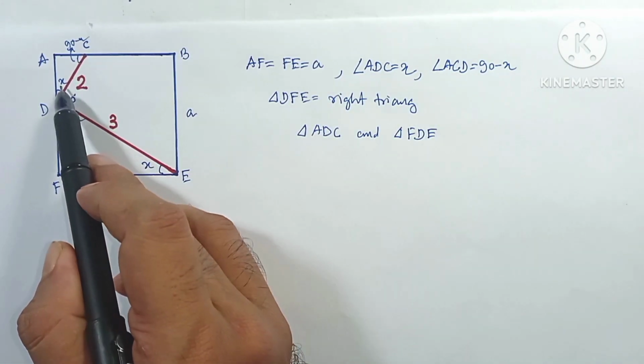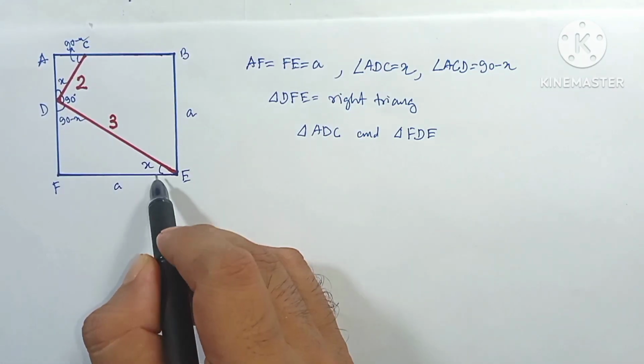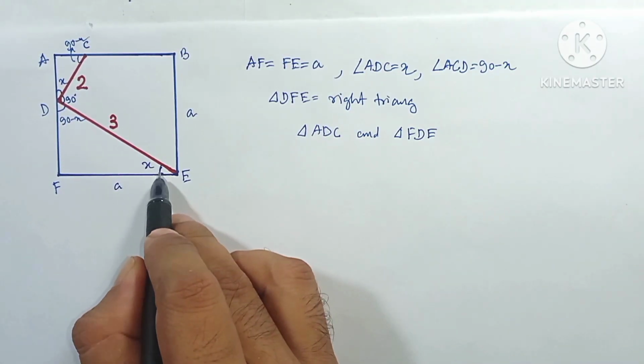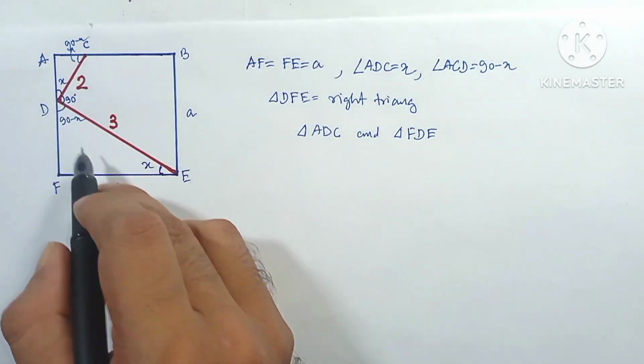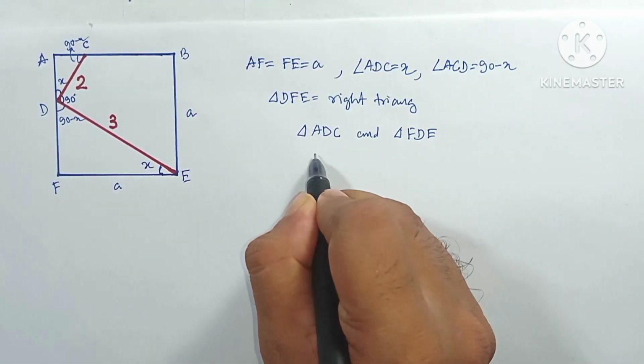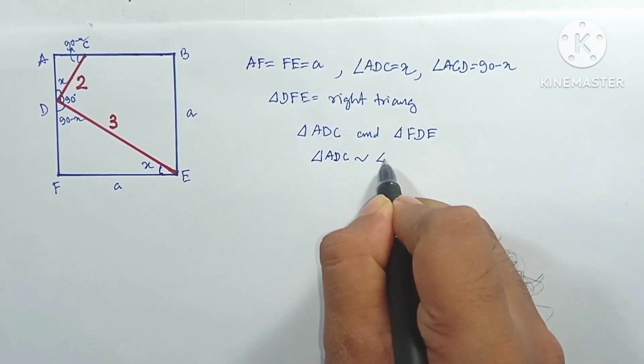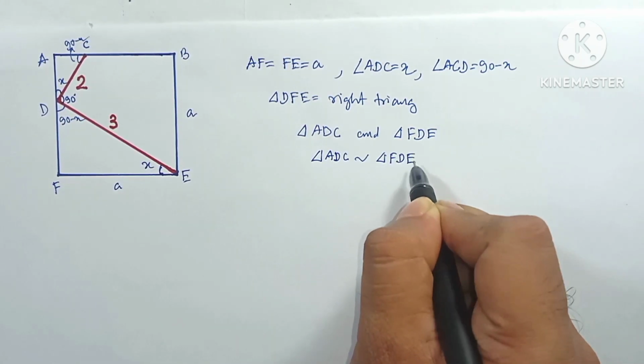We have that this angle is X, where in triangle FDE this angle is X. So you can see that triangle ADC is similar to triangle FDE.